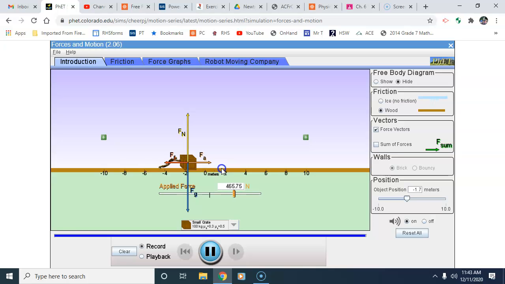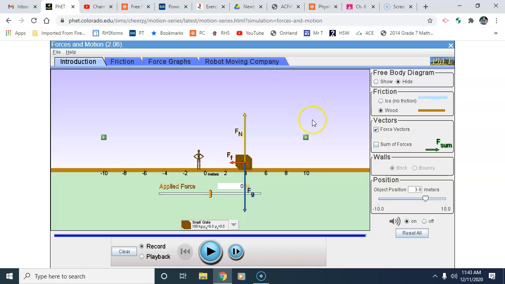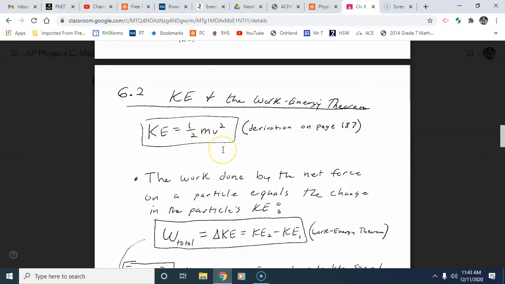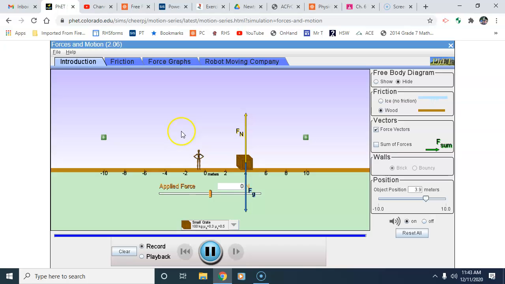Once I do get it to move, what I did was change its kinetic energy. That's going to be the focus today. Its kinetic energy when it's at rest is 0, because our formula is 1/2 mv squared for this energy of motion, as we call it. So it would have 0 joules of kinetic energy.